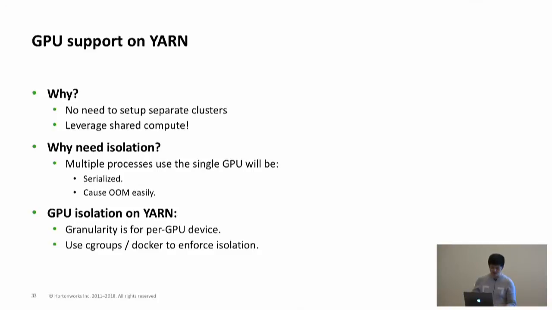So we want to do the isolation and make sure that this kind of issue can be addressed, and we can avoid OOM easily. The main idea of how we do GPU isolation on YARN is that we do it at the granularity of per GPU device, and we use cgroups and Docker to enforce this isolation.